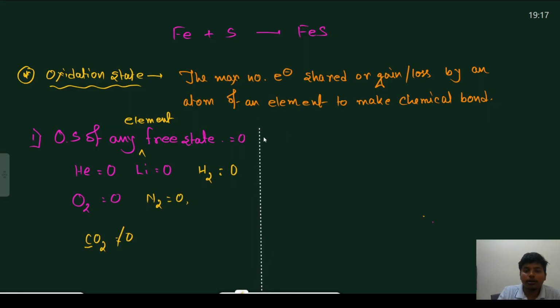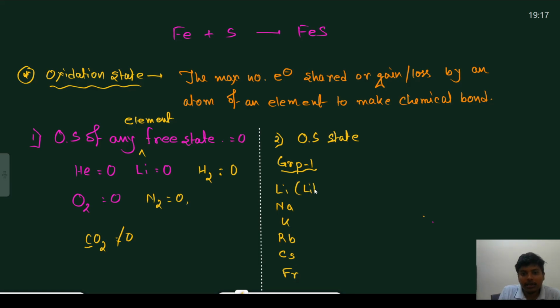Now, next point. Rule number 2 says the oxidation state of group 1 elements. Which are group 1 elements? Lithium, sodium, potassium, rubidium, cesium, francium. How to remember?